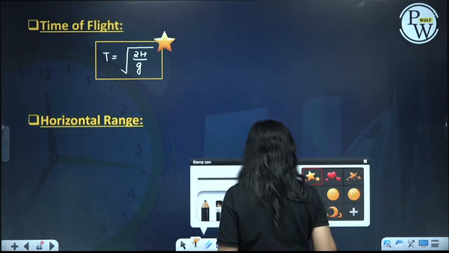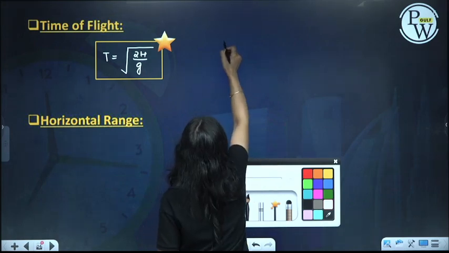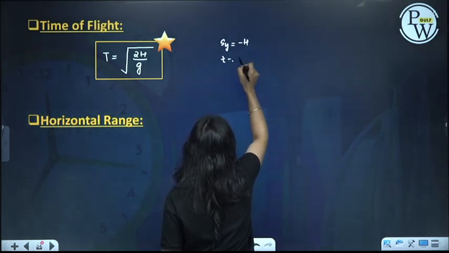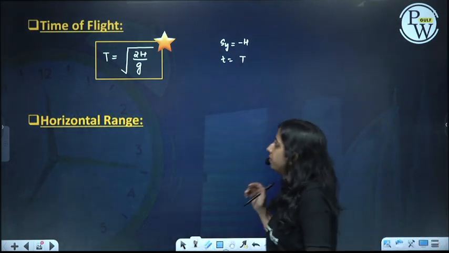How can we find it? We use sy equal to minus h when time t is equal to capital T, in the equation of sy.